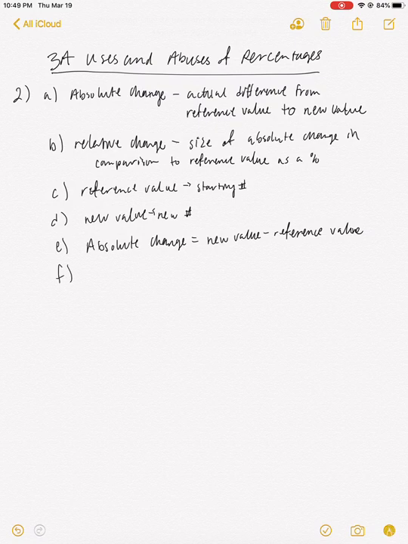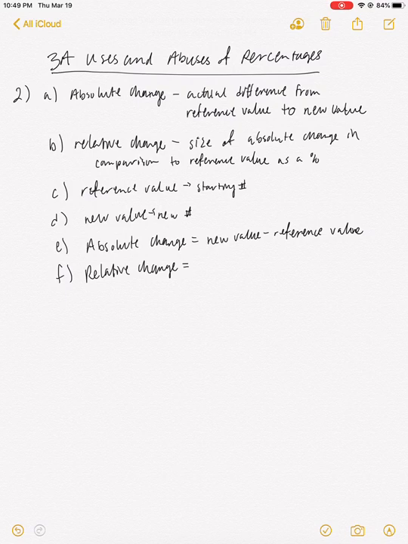And then the formula for relative change: again, the size of the absolute change in comparison with the reference value.